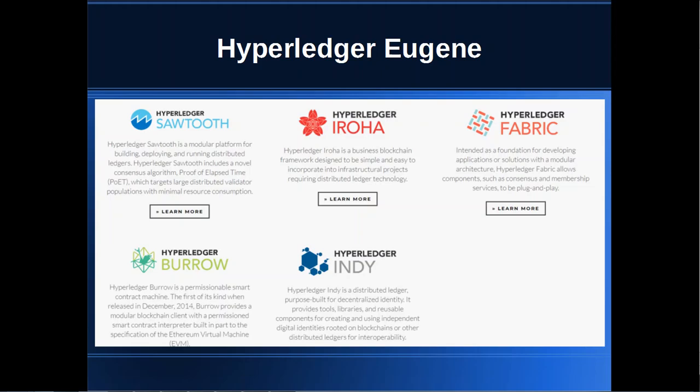I won't go deeply into any of these apart from Fabric eventually, but that's what sets Sawtooth apart from other modules, and it particularly gets linked with supply chain type applications, although I'm sure it's more than that. Iroha is basically aimed more at mobile blockchain applications.